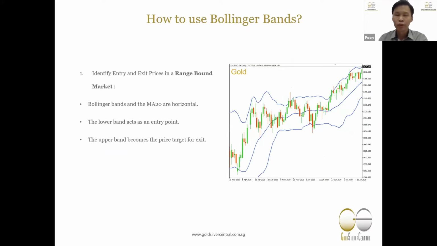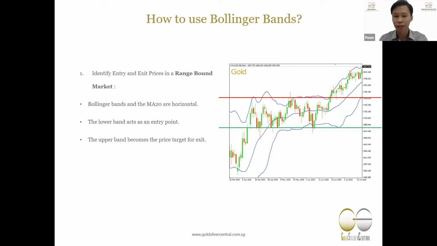So how do we use Bollinger Band? All right, we talk about buying when prices touch the bottom band and selling when prices touch the upper band, right? So this is only the case if the market is range bound. That means the market is moving in the sideways direction.